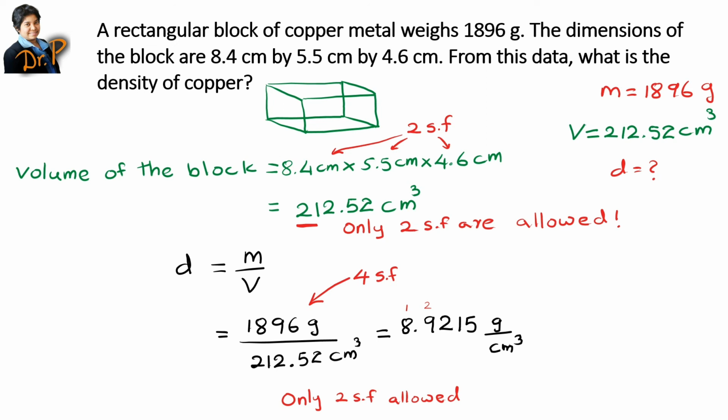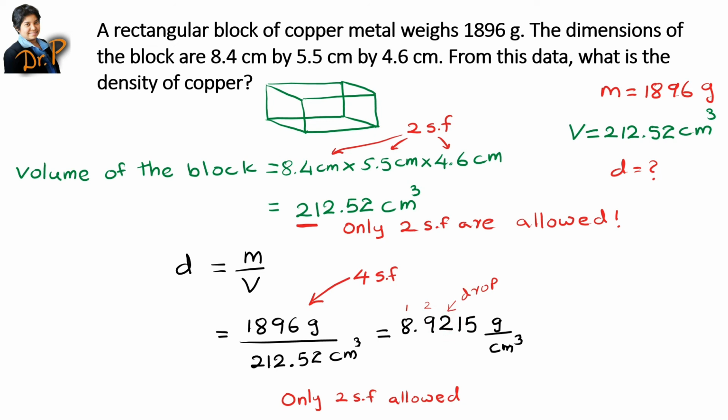Now these are our allowed 2 significant figures. Now we are going to round off this answer to 2 sig figs. So we start dropping from here. This is the first digit we are going to drop, 2. Number 2 is smaller than 5.